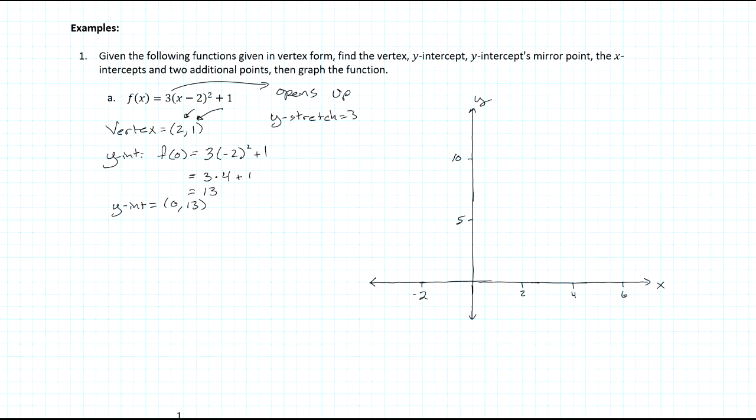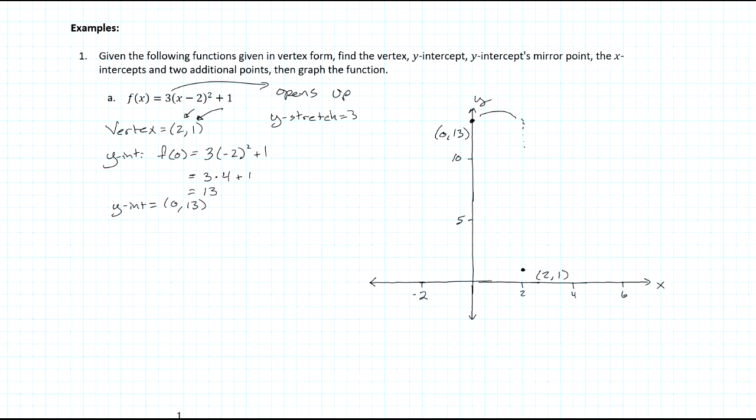So let's plot what we have so far. The point 2, 1 is right here. That's our vertex. The y-intercept is 0, 13. That's over on the y-axis, up 13, 0, 13. And so then here's the axis of symmetry, when x is 2.